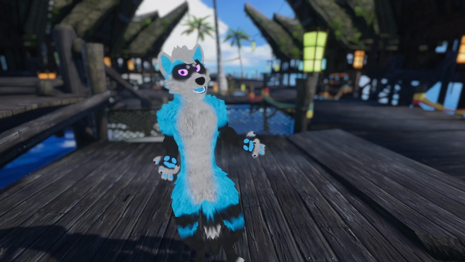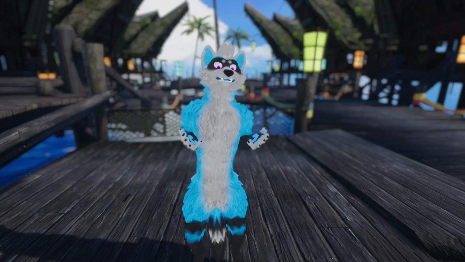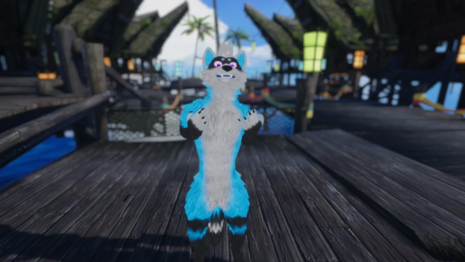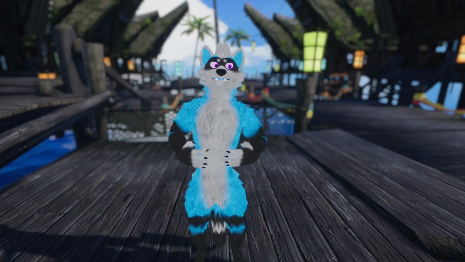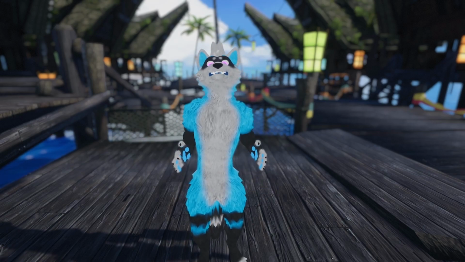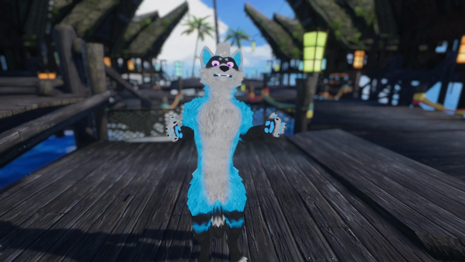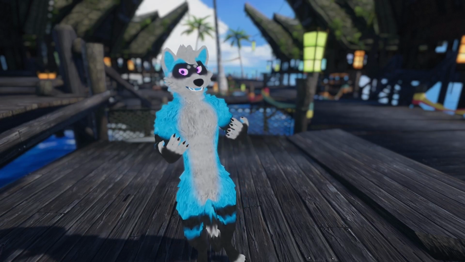Okay, so let's talk about retopology real quick. If you don't know what that is, it's basically creating a lower poly model from your main detailed model or sculpt. You really need to pay attention to the lines, the body features of your character.